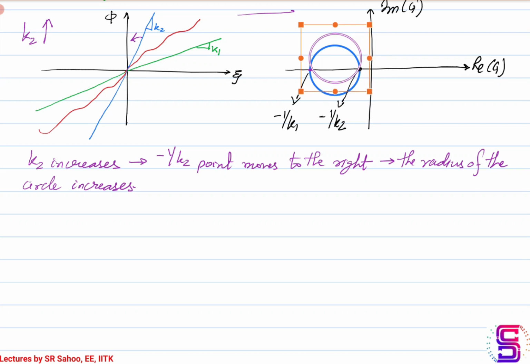Just allow me to set it properly. Okay, roughly it is going to look like this. This is what it will look like. The endpoint will be at minus 1 by k1, and the endpoint minus 1 by k2 would have just shifted.